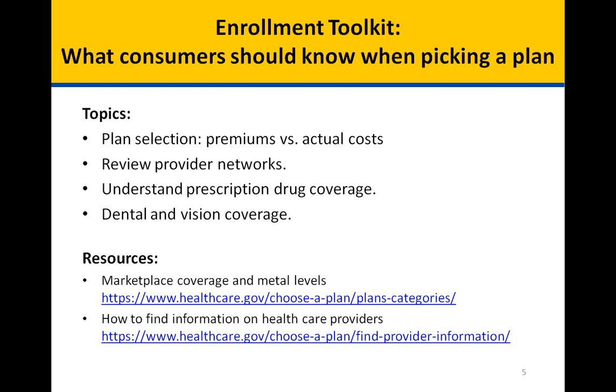But as you can see in this section, we cover plan selections, premiums versus actual costs, review of provider networks, stressing the importance of making sure that consumers are looking for providers that are in network and understanding the financial implications associated with receiving care outside of network. And for those who may have current prescription medications, understanding their prescription drug coverage. And finally, dental and vision coverage, emphasizing that many plans don't offer that, and if that's something the consumer needs, they need to look for that as well.